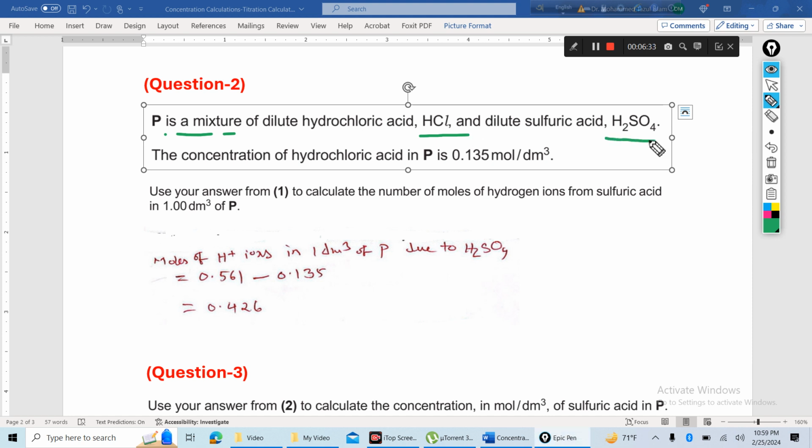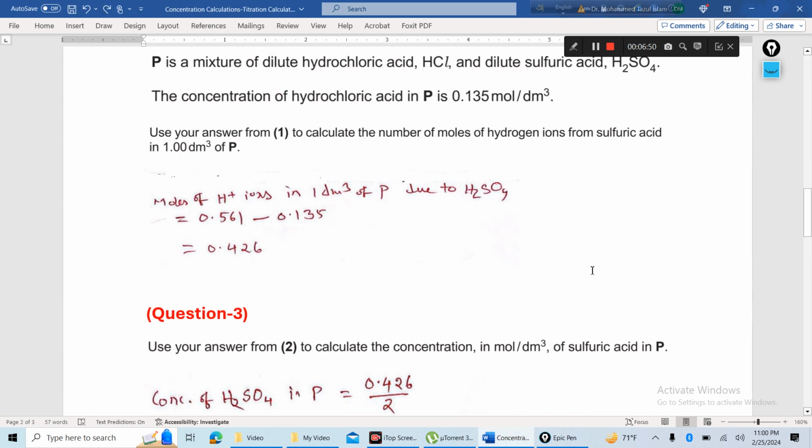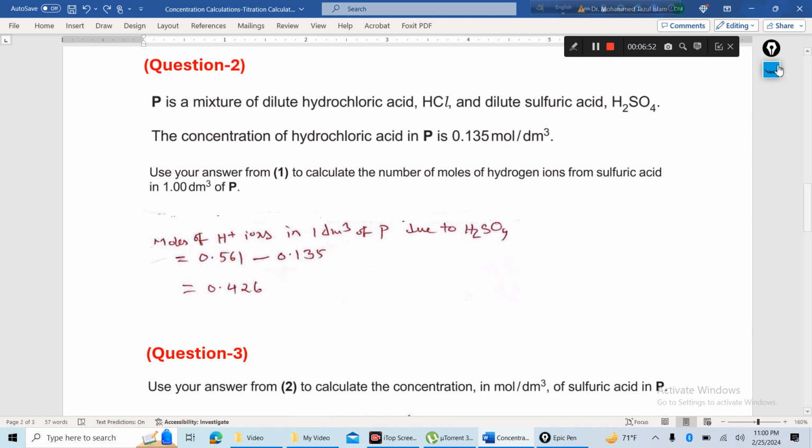The concentration of hydrochloric acid in P is given as 0.135.